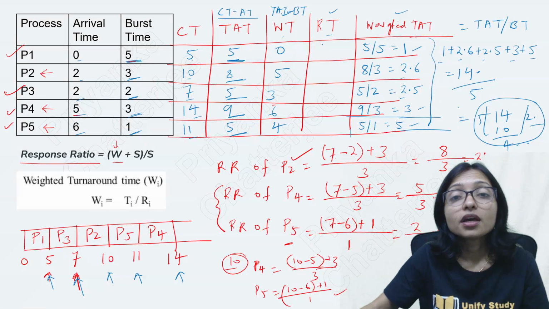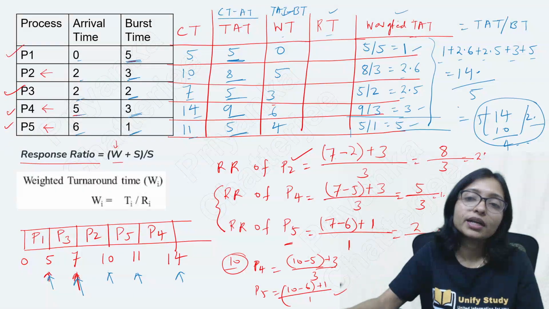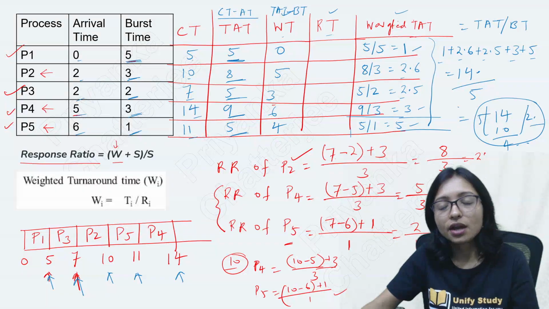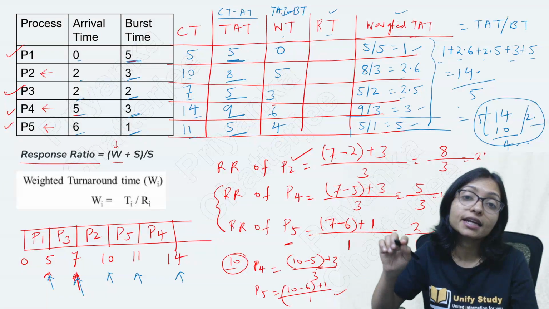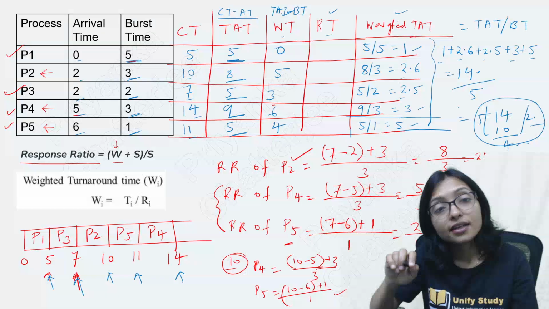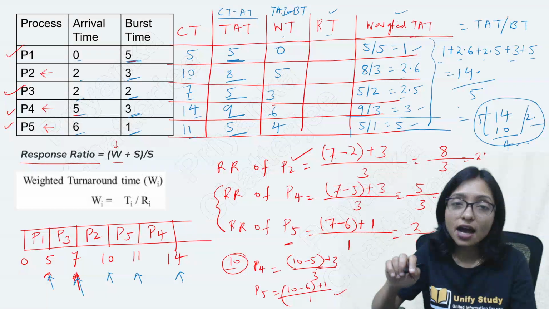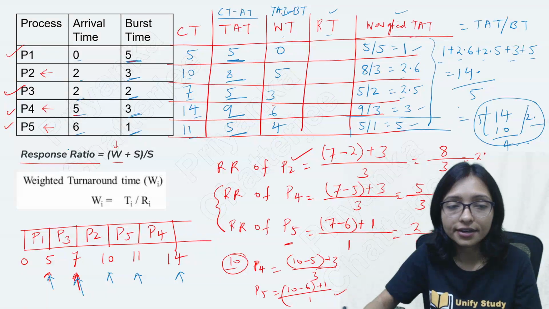Response time. What is called response time, you know. Response time and waiting time, actually it will be same here because of non-preemptive version. Response time means when the process is getting chance in the CPU for the first time minus arrival time.